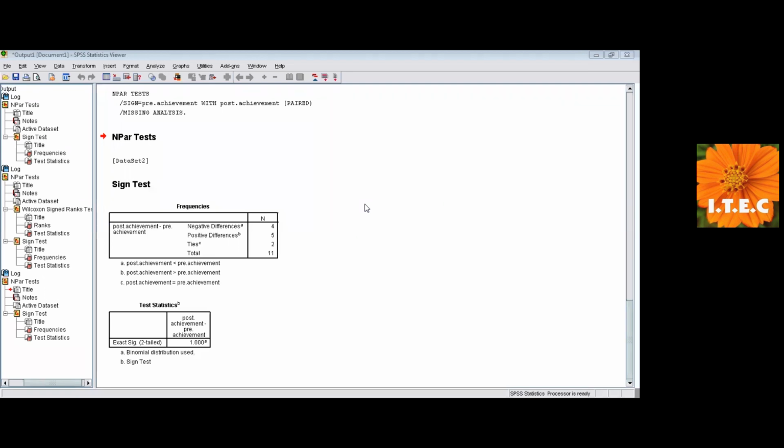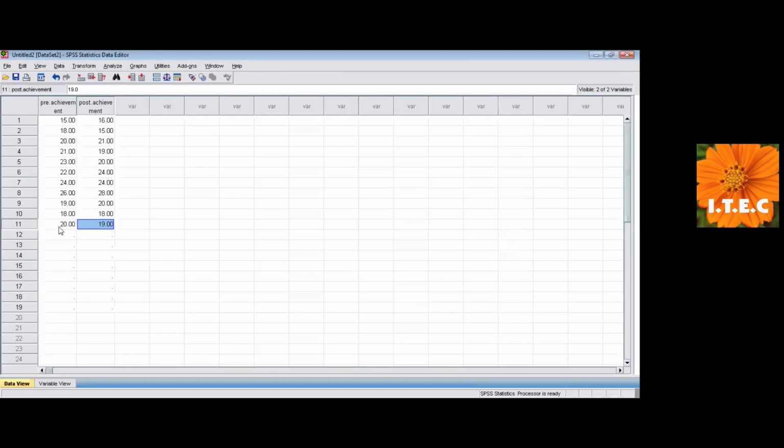In case of Wilcoxon, the finding will be the same. If you want, I can change the values a little bit and add some more values. Suppose I have 17 values.